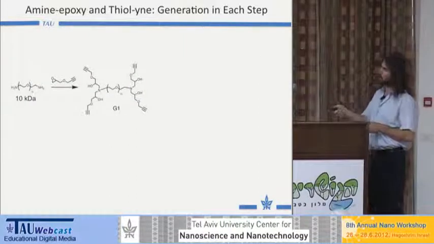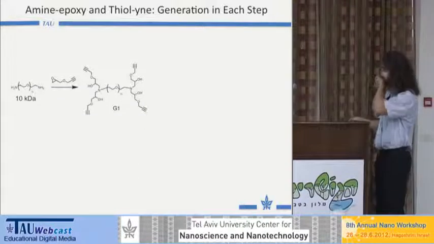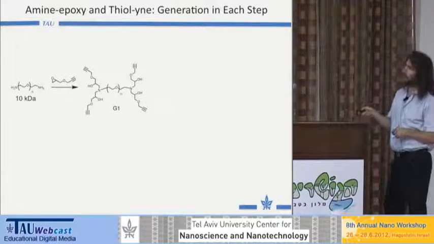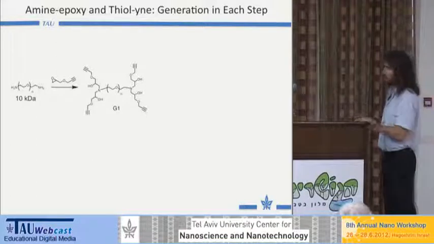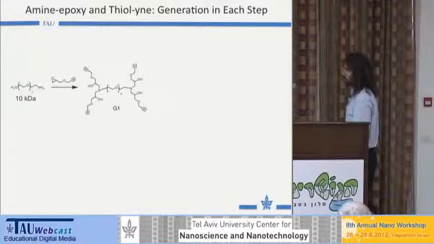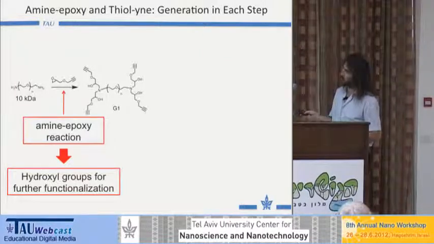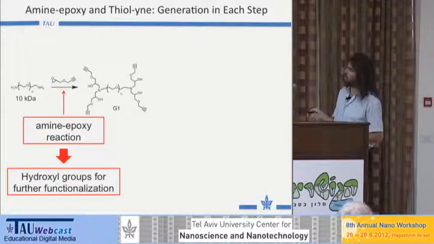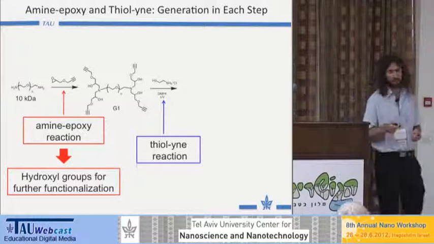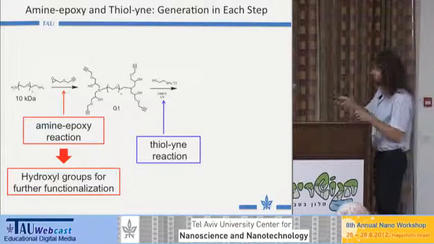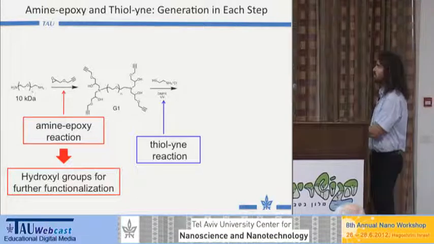So we start from a commercially available bis-amine, 10 kilodalton bis-amine PEG. Reaction with glycidyl propargyl ether. Each amine reacts with, opening the epoxide, generating these hydroxyls that would later be used to bind the drugs. We then take our first generation dendrimer having 4 triple bonds, and a photochemically initiated or catalyzed reaction with cysteamine hydrochloride, and each thiol reacts twice with the triple bond.